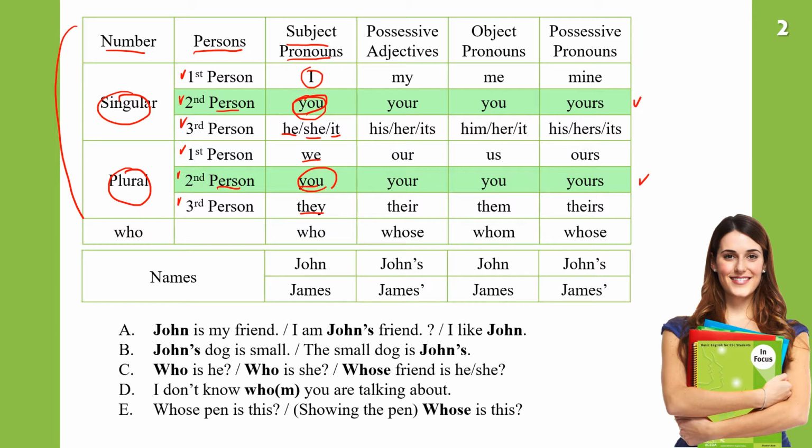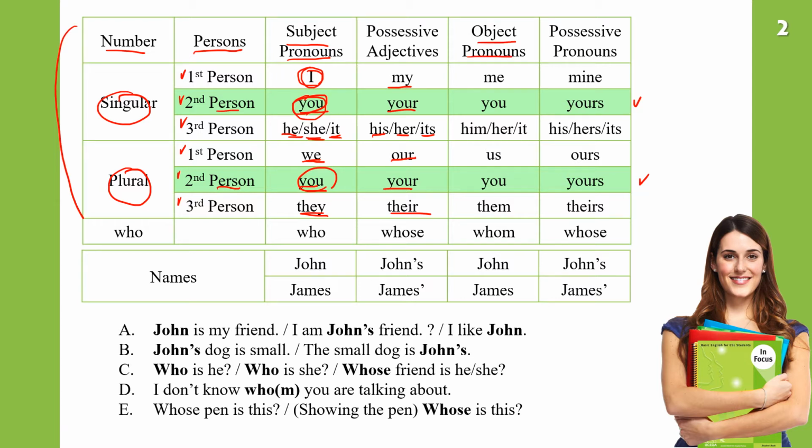First person, I and my. Second person singular, you, your. Third person singular, he, his, she, her, it, its. First person plural, we, our. Second person, you, your. And third person, they, their.